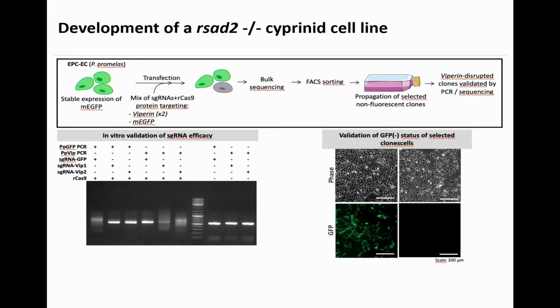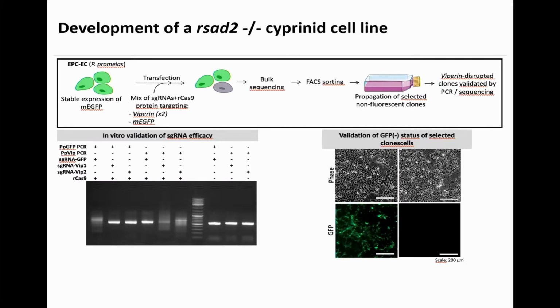So we developed a mutant for this. We used two different guide RNAs, and we validated them in vitro before in vivo. And the reason was that this was in a cyprinid cell line. It was actually one of the tasks we had to do in this project to try to extend the protocol to other species.